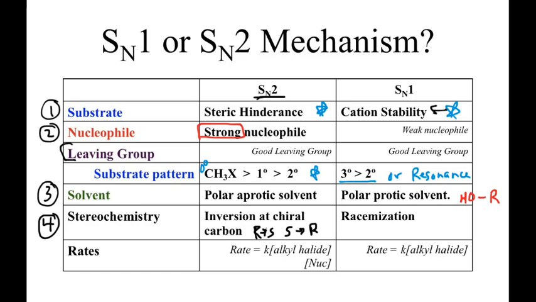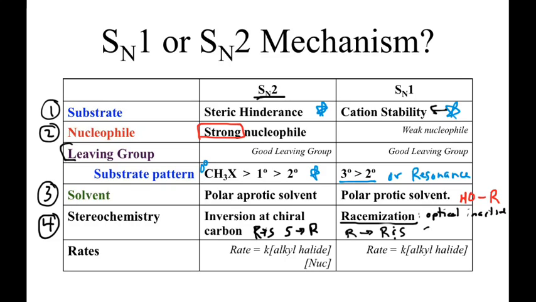When we move to the SN1 reaction, we can use this big fancy word, racemization, meaning we end up with an optically inactive product, which means if you start with R, you get a mixture of R and S products.